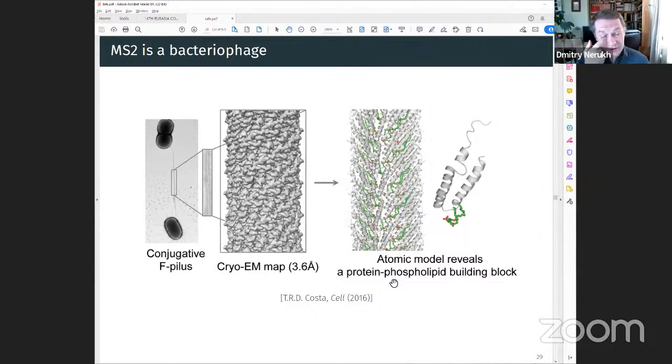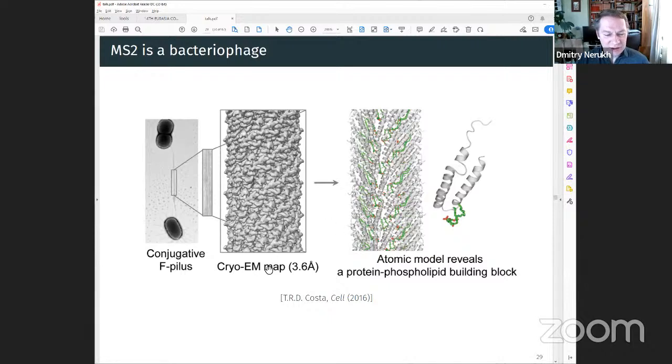And it has a very interesting mechanism of infecting the bacteria. What happens is that it uses the bacterial F pilus, which is a very small tube, which the bacteria use for transferring genetic information between the bacteria.